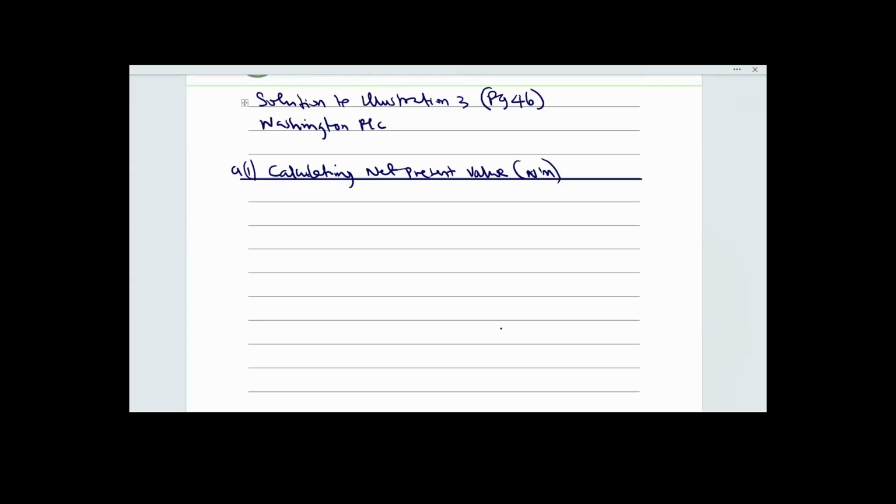Okay, so the examiner asks you to calculate net present value, internal rate of return, and then the discounted payback period.